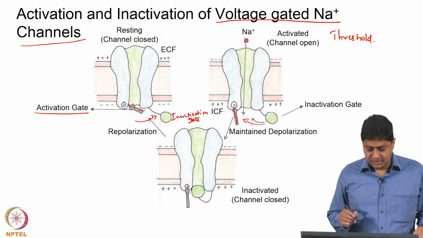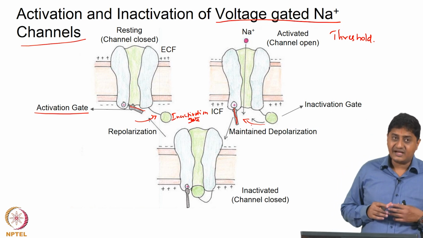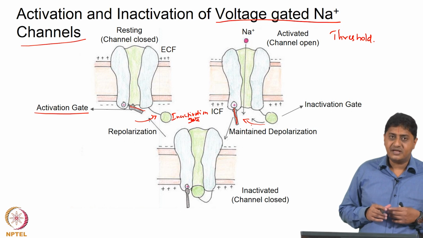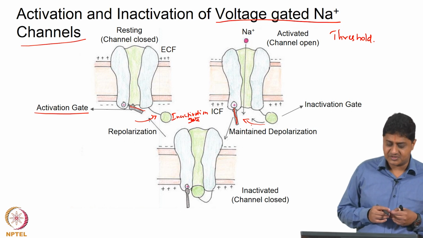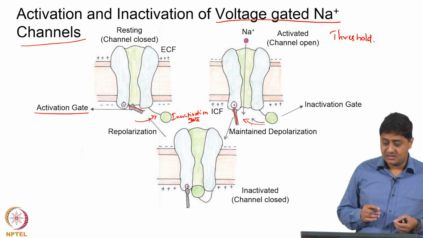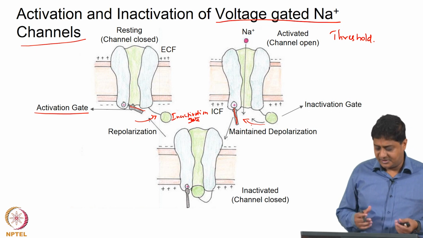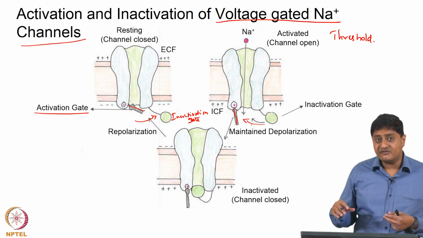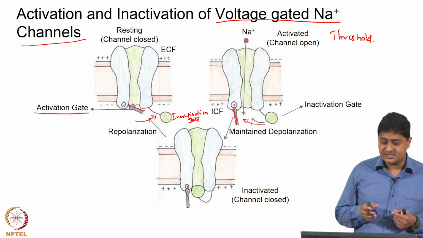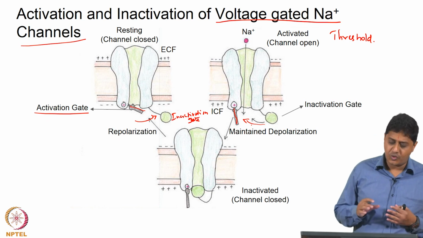However, the activation gate opening is a relatively rapid, very fast process. As soon as the command is received, the activation gate opens almost immediately, whereas closure of the inactivation gate is a relatively slow process.